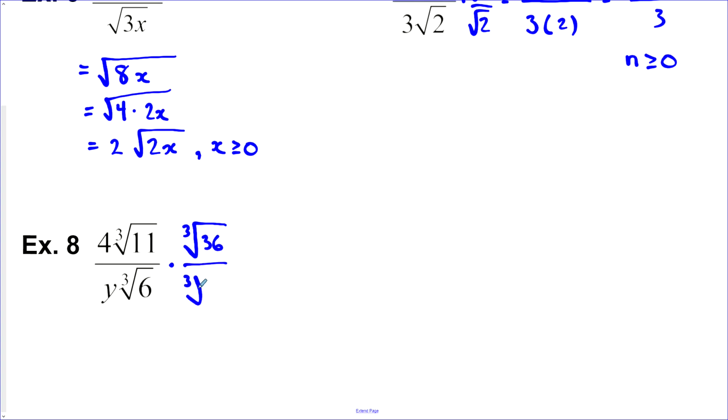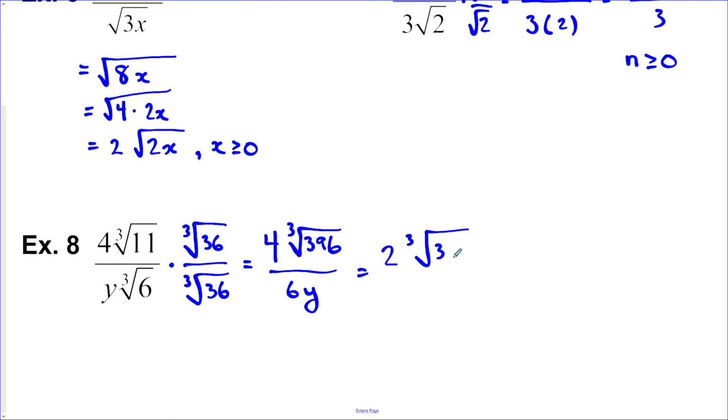So I'll multiply by the cubed root of 36. 4, then we need 36 times 11 is 396 divided by the cubed root of 6 cubed, which is just 6. We can simplify, divide this by 2, divide this by 2. And it looks good.